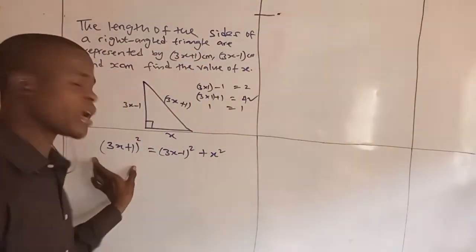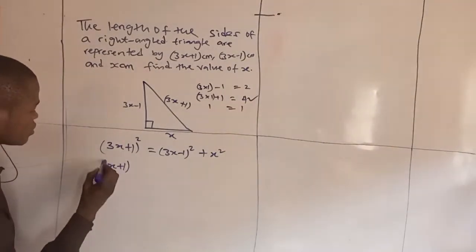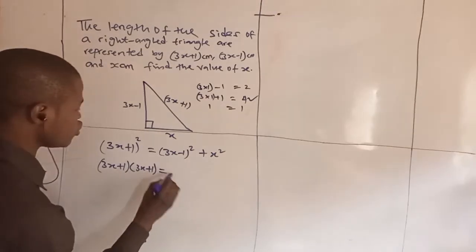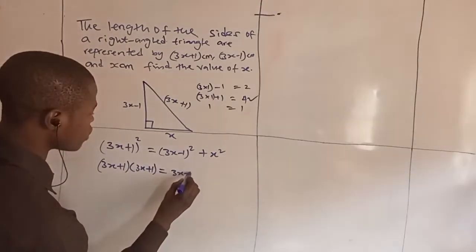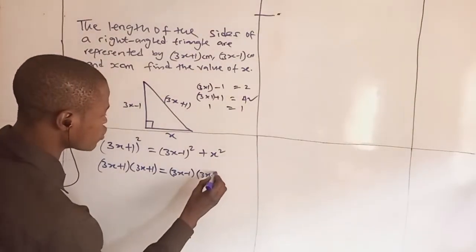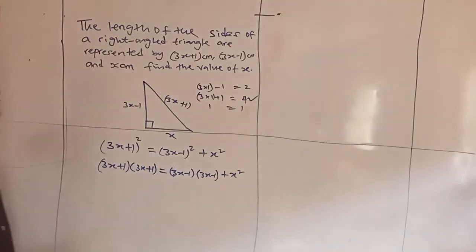If I open this bracket, I have 3x plus 1 into 3x plus 1 equal to 3x minus 1 into 3x minus 1 plus x squared.